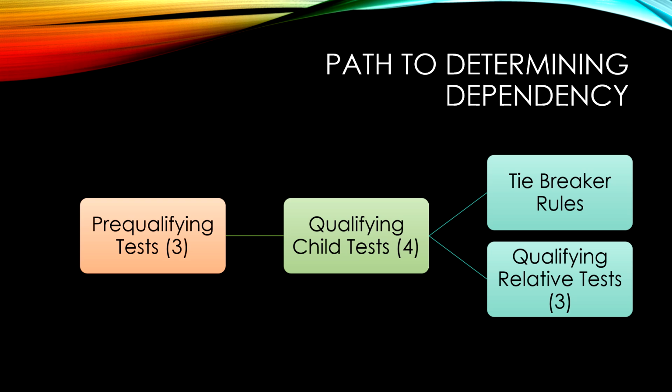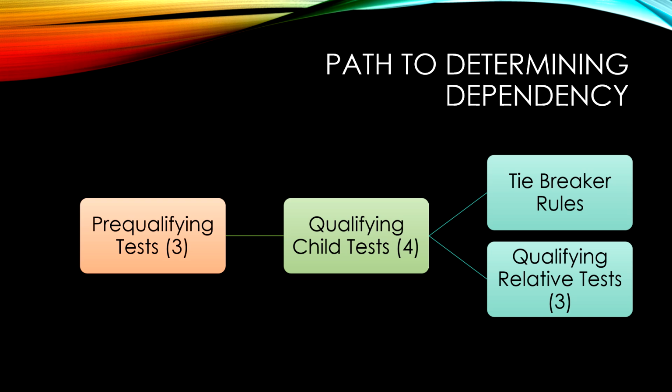This is the process we follow to determine if a person can be claimed by the taxpayer as a dependent, and if so, what type of qualifying person they are. First, we have 3 what I like to call pre-qualifying tests. If this potential dependent passes those, then we use 4 tests to see if they are a qualifying child. We do these tests first because it would provide the greatest tax benefit to the taxpayer to claim this person as a qualifying child.